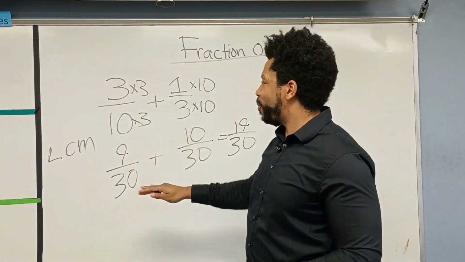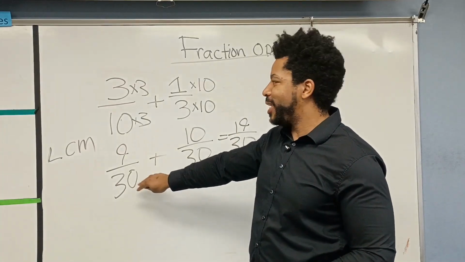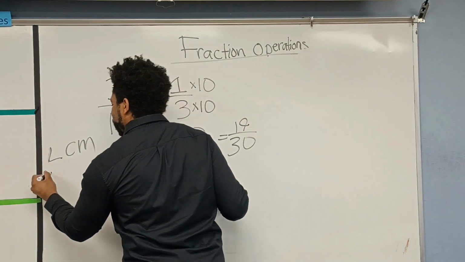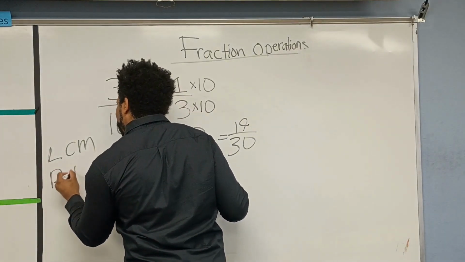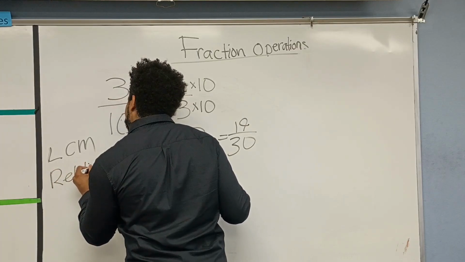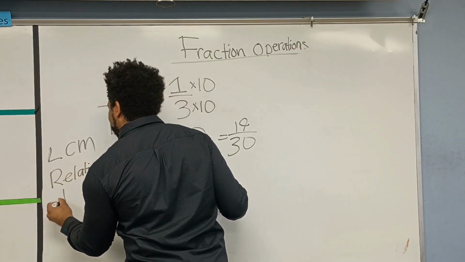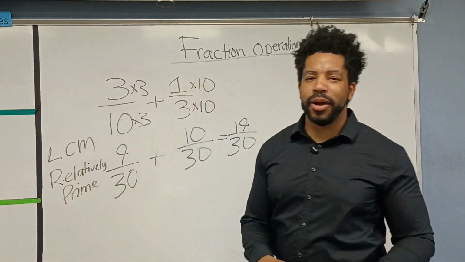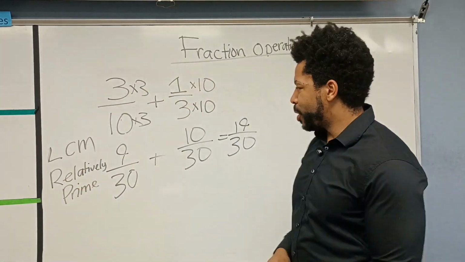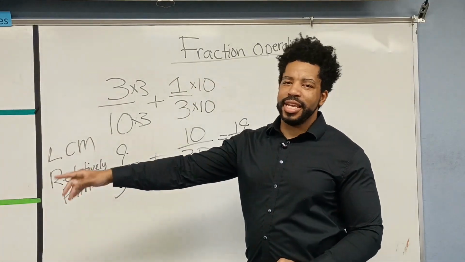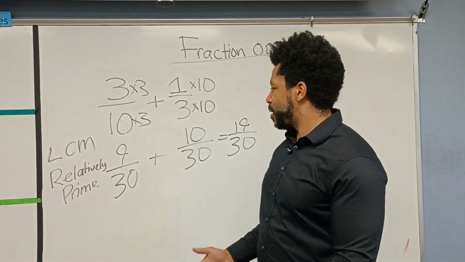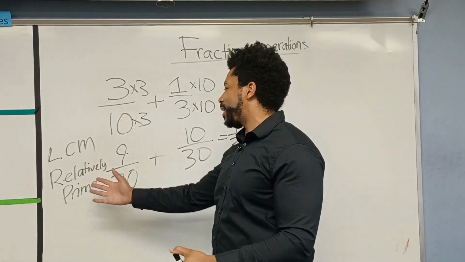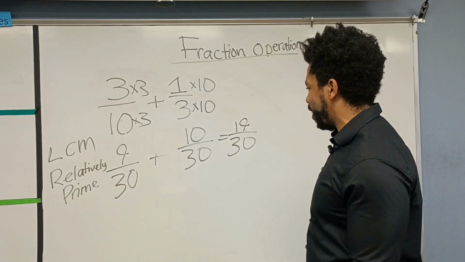And now when we're looking at this, you want to know a certain term here, which is relatively prime. Okay, so this is the exact definition of what a prime number is, but it uses it in a different context.